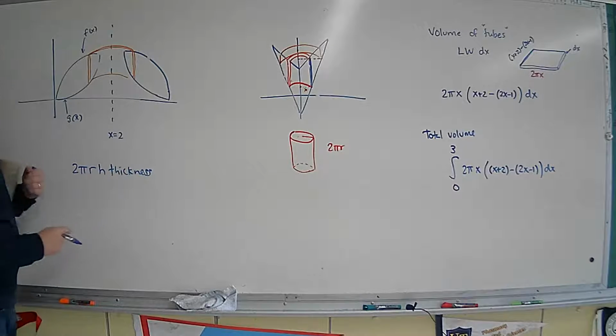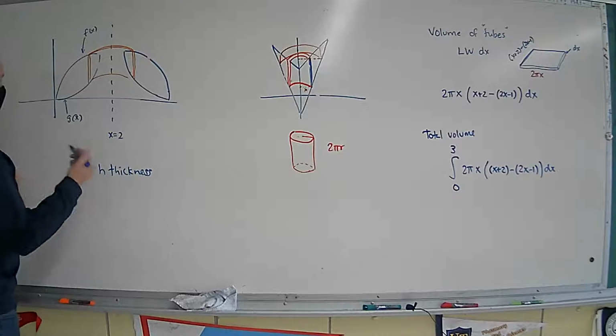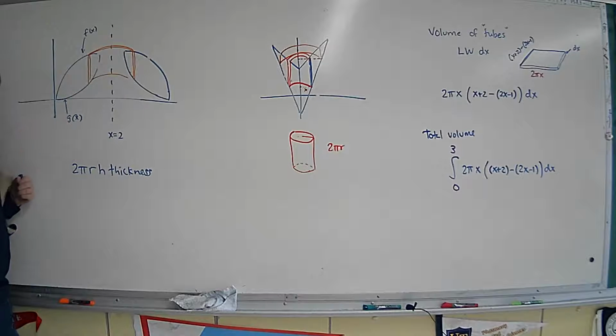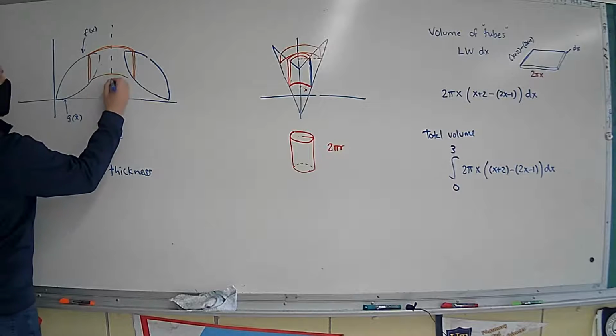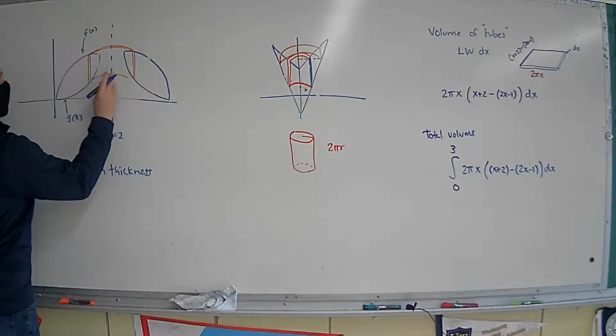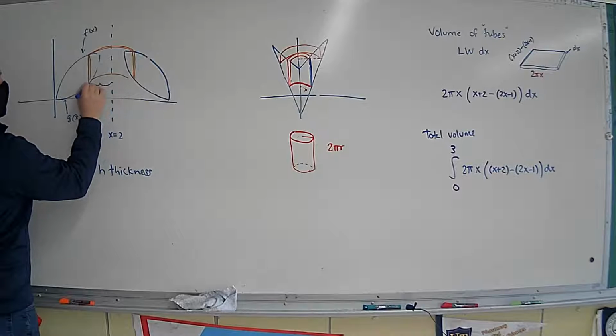What's the thickness going to be? It's dx, right? And then I'm going to give you a little hint, and then I'm going to turn you loose. The radius of this shell is the distance from here to there.